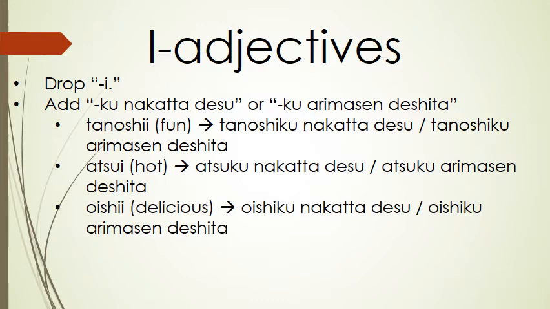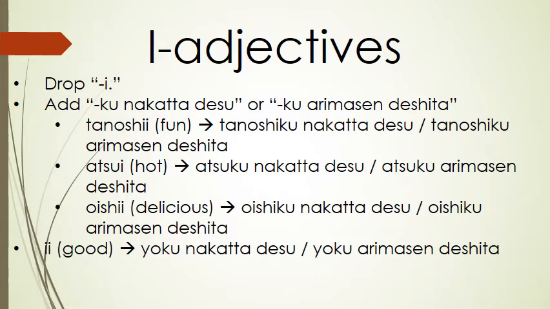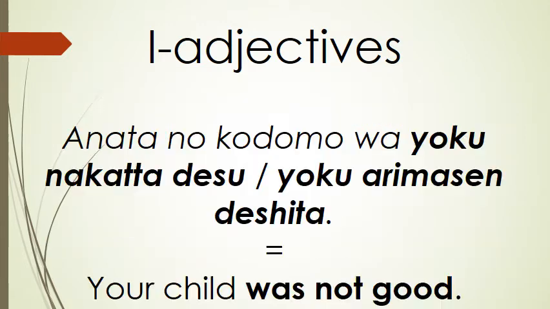Oishii, delicious, would become oishiku nakatta desu or oishiku arimasen deshita. And ii, good, would become yoku nakatta desu or yoku arimasen deshita. So, if I said anata no kodomo wa yoku nakatta desu or yoku arimasen deshita, that would mean your child was not good. And hopefully I would never be so crude as to actually say that to you.